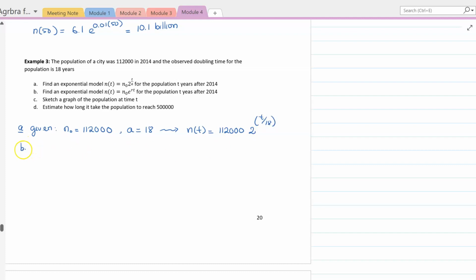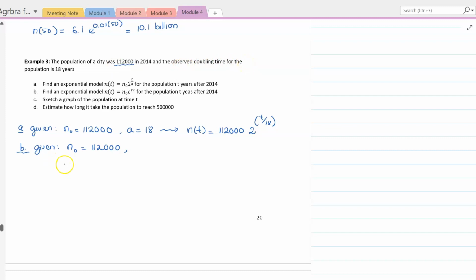In part B, we are given N naught equals 112,000. So we know N naught, but we don't have r. So how do we figure out r? We use the fact that the initial population was 112,000 and the doubling time is 18 years.